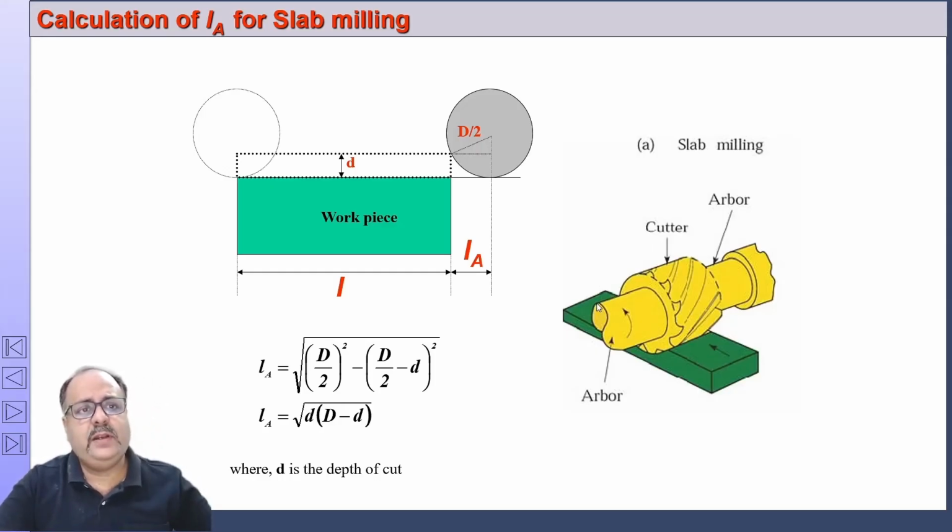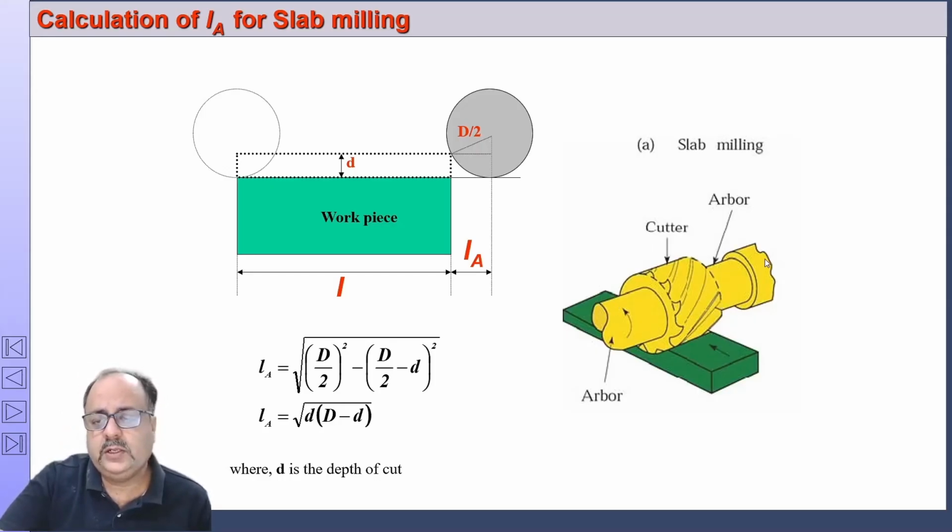So here this is the slab milling operation where this operation is taking place. This is peripheral milling. This is rotating and this is fed in this direction, so here it is removing the workpiece. Now where should you start? You have to start from here so that it touches this corner, and as you rotate it, it will be cutting in this direction.